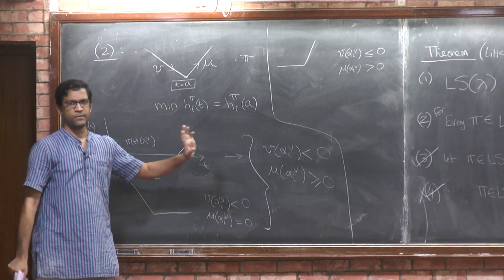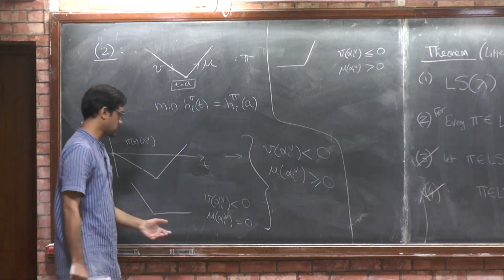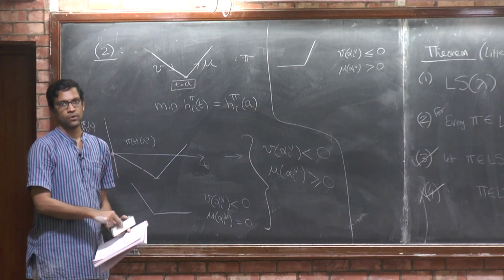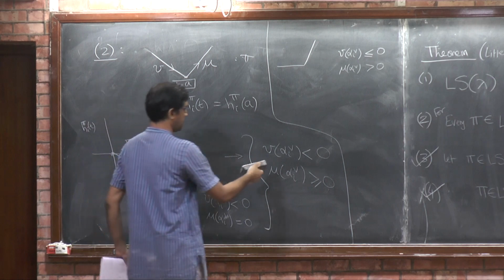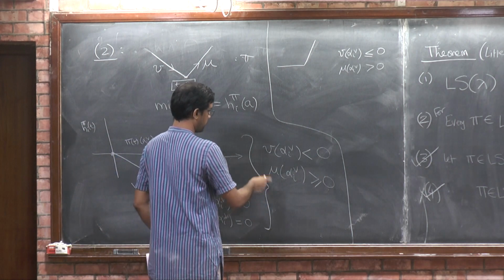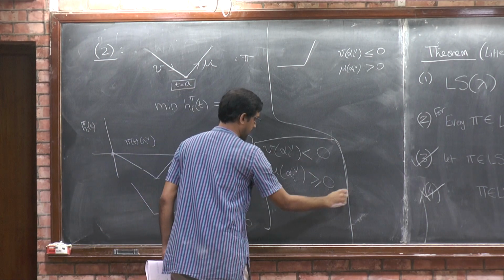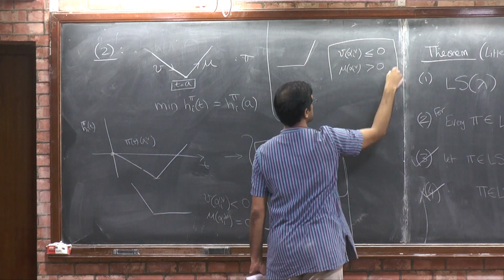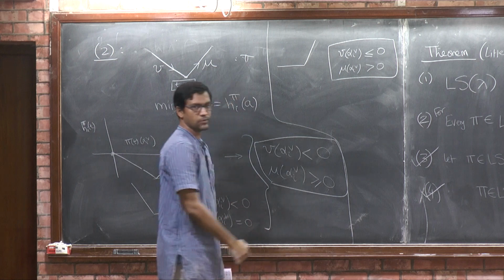Okay. So what I mean is, there are basically two configurations you have to study. One is when nu of alpha hx is strictly negative and the other is greater than or equal to 0, or you can look at the other case where this is less than or equal to 0 and that is greater than 0.